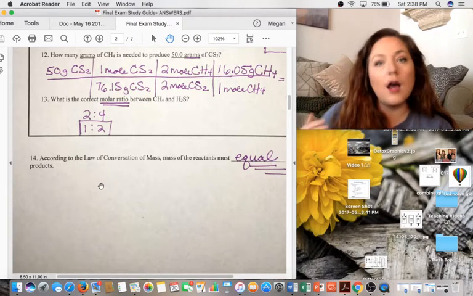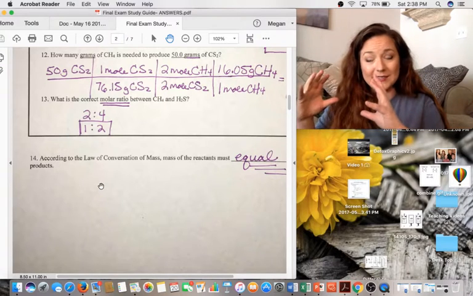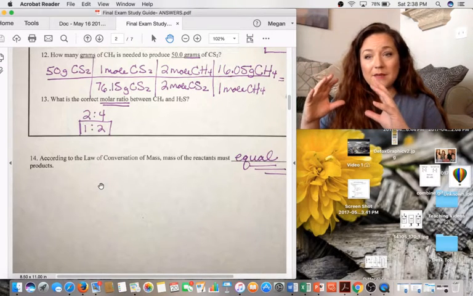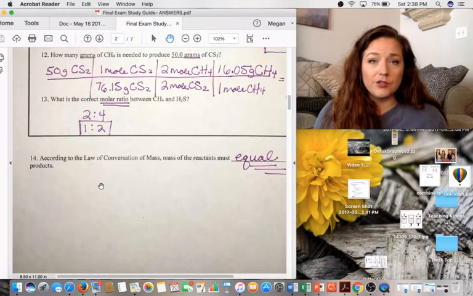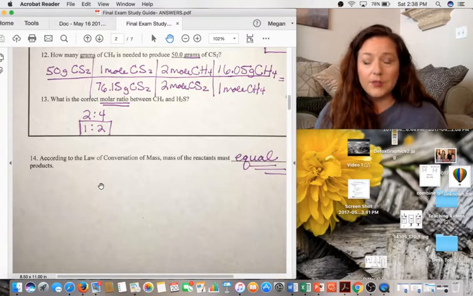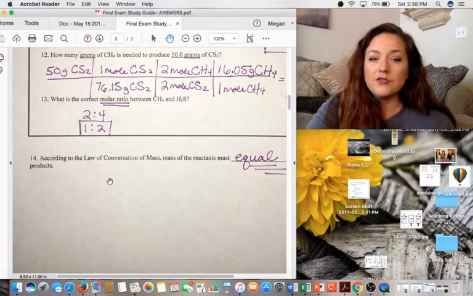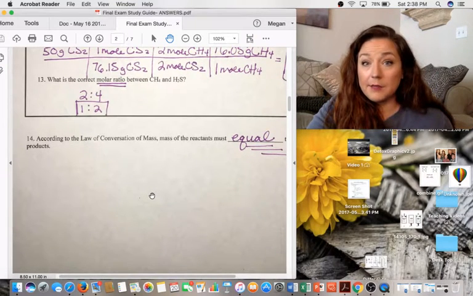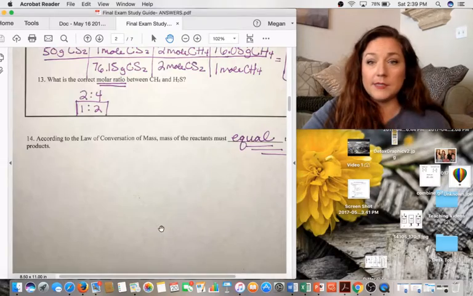If I start off with 125 grams of reactants on one side, that means automatically you will have 125 grams amongst the product compounds. They don't disappear. They don't magically go poof. We do not live in a Harry Potter world. They may be in different forms, but the total mass that you start with and end with is still there in some form.